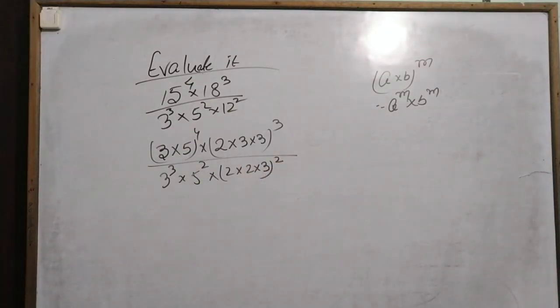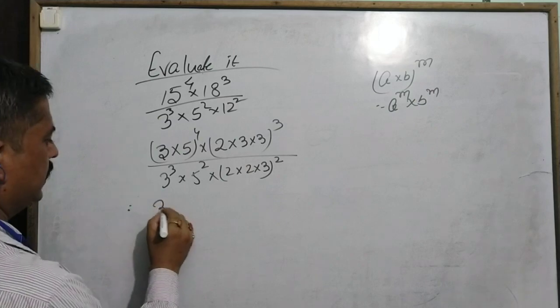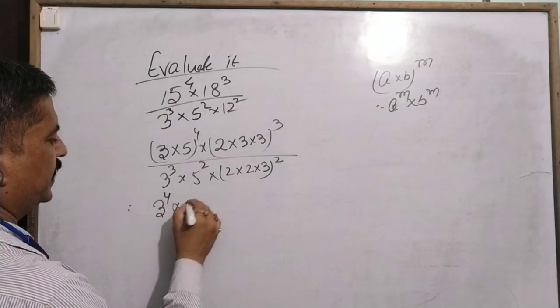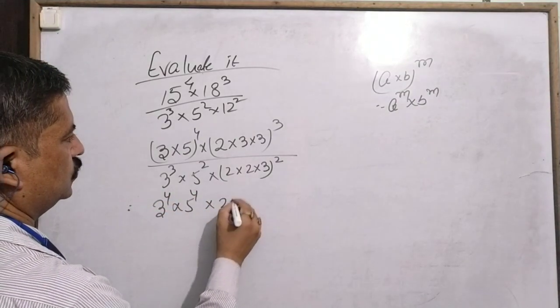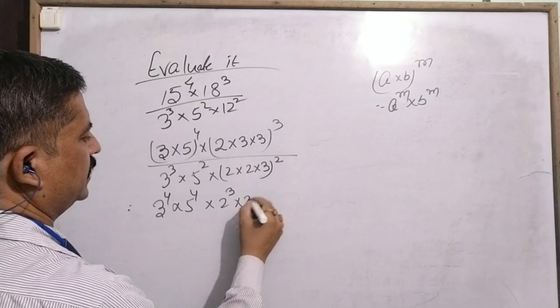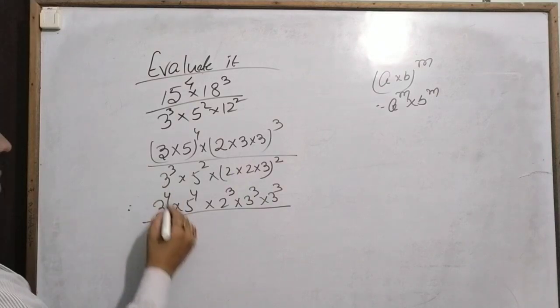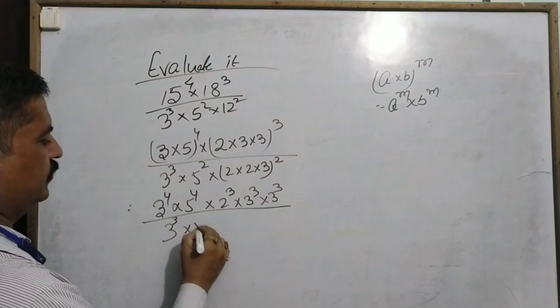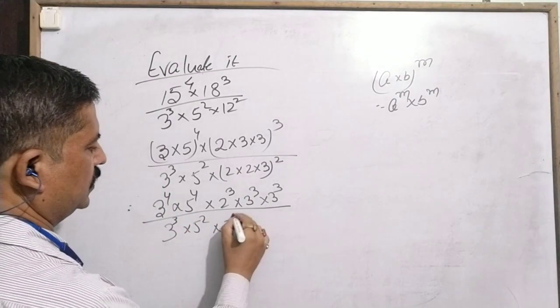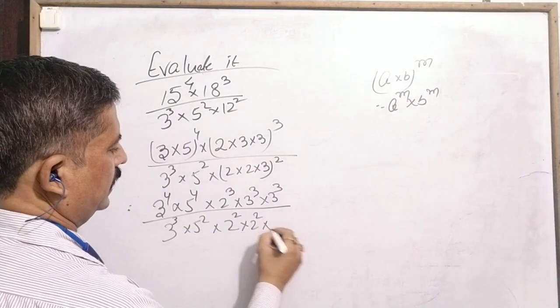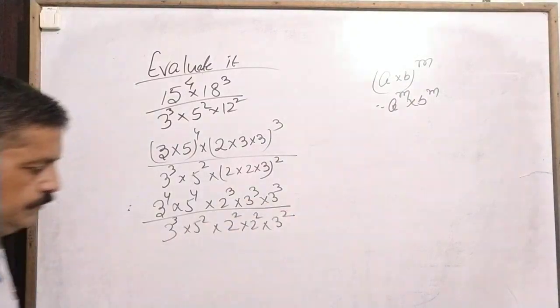So 3 to the power 4 into 5 to the power 4 into 2 to the power 3 into 3 to the power 3 into 3 to the power 3, divided by 3 to the power 3 into 5 to the power 2 into 2 to the power 2 and 3 to the power 2 also.